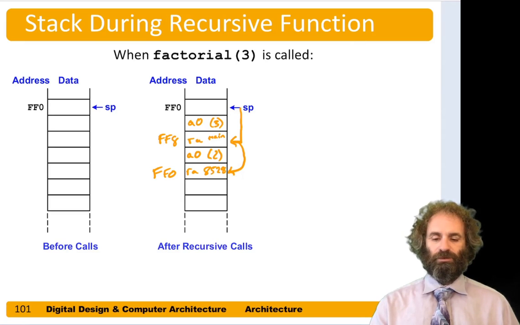Now factorial of 2 is going to call factorial of 1, so we need to store away A0, which is the value of n, of 1, and the return address, 8528, of where to return to from the call to factorial of 2. Now, when we're all done, factorial of 1 will return the value 1 and bring the stack pointer back up here.